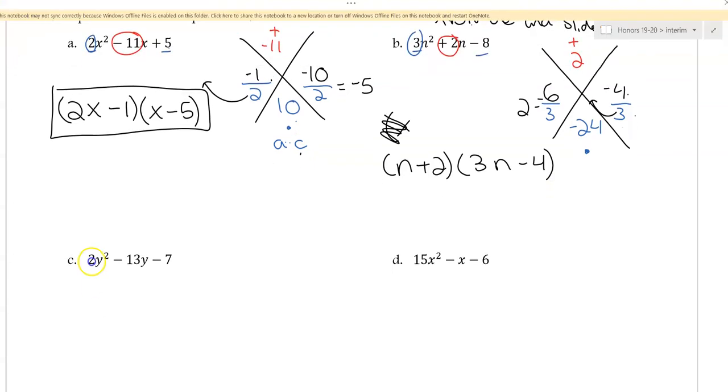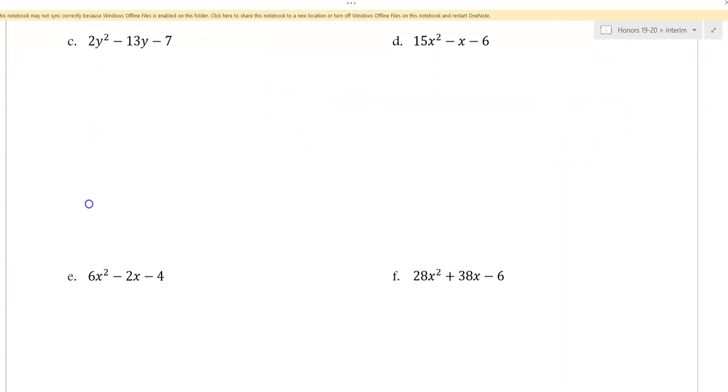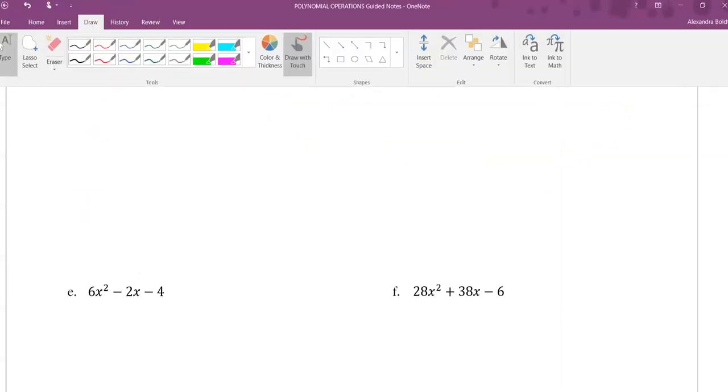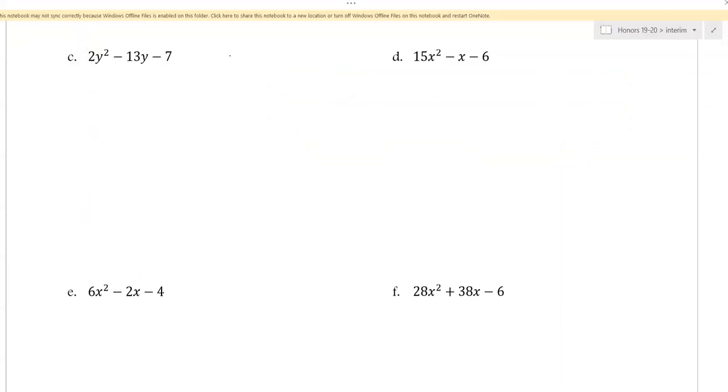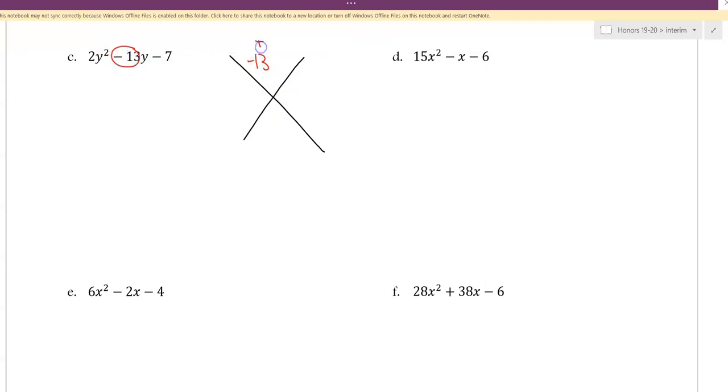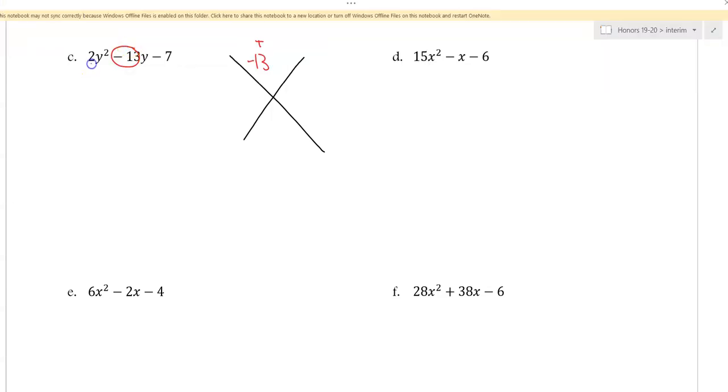All right. Letter C. We are adding to -13. We are multiplying to, well, 2 times -7 is -14.